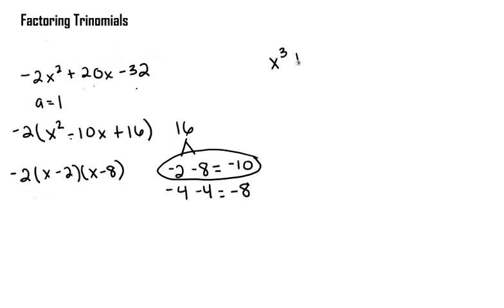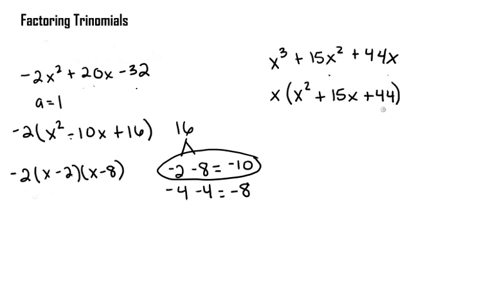Let's look at another similar example. Given x to the third plus 15x squared plus 44x. Notice how this is x to the third and not x squared. So we need to ask ourselves, can I factor an x from all three terms? And because this 44 is multiplied to an x, yes, I can. So let's factor out an x, which leaves us with x squared plus 15x plus 44, a simple trinomial that we're used to factoring.